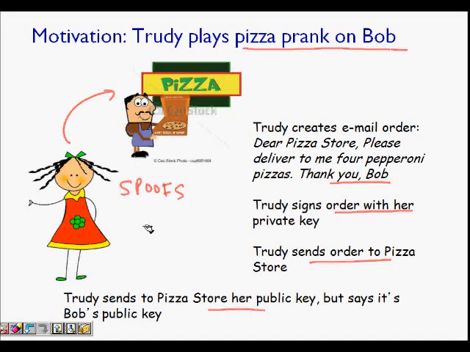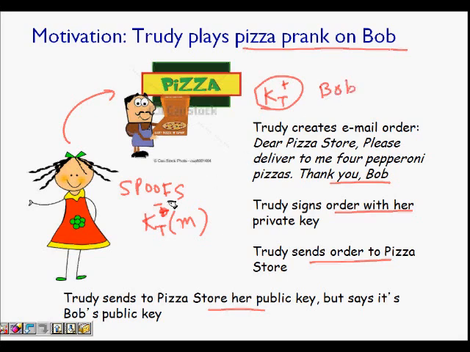Then what will happen? The pizza store person has the message KTM, the order, which is signed with the private key of Trudy, and Trudy is also giving him her public key, KT plus, in that email, saying it is the public key of Bob.